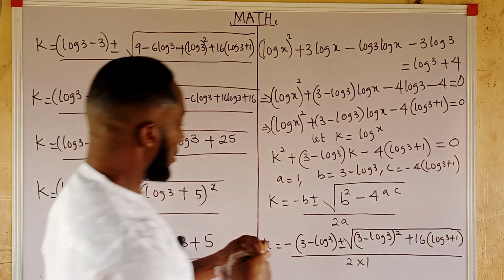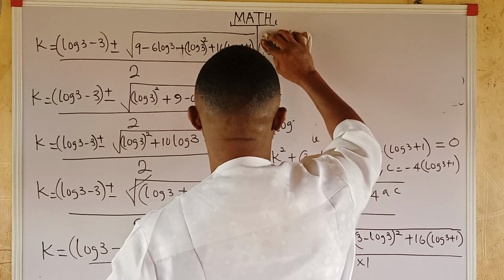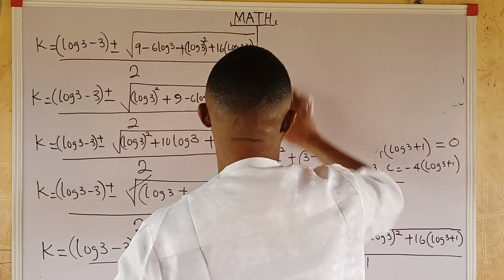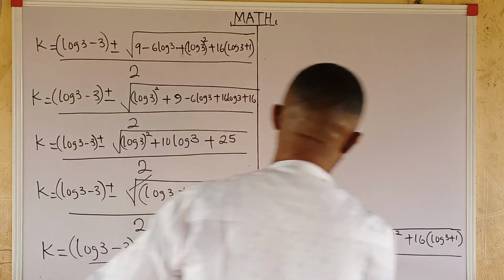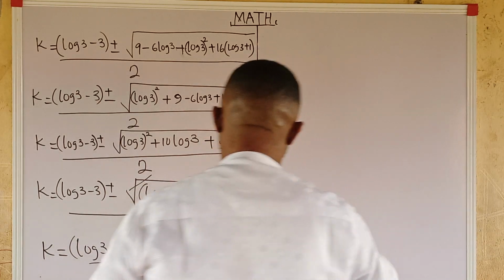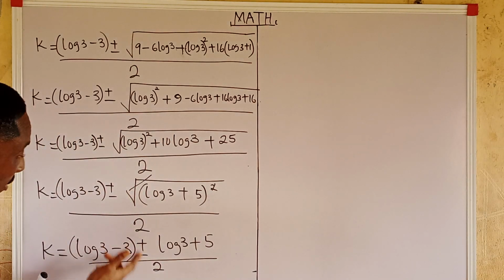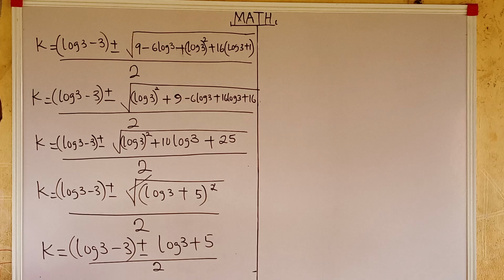Then I will come this way. It's a nice problem, but regardless, we shall take care of it. So let's try and bring out the two answers. This is a quadratic because of the plus or minus here, so we are going to have two answers.